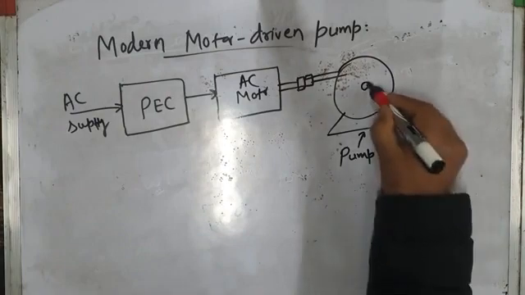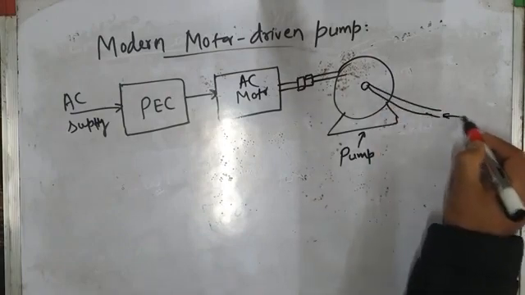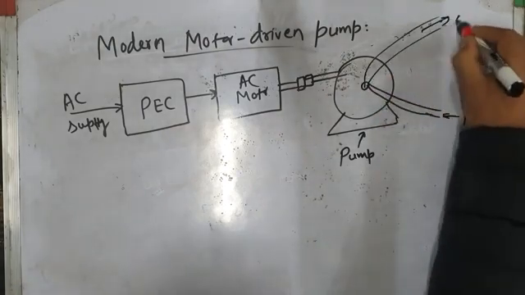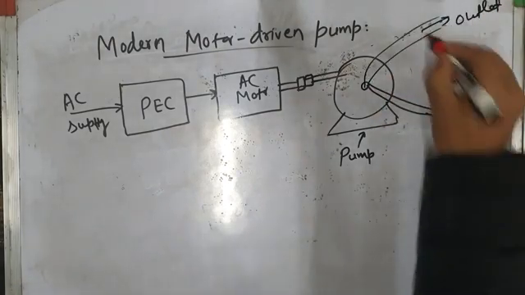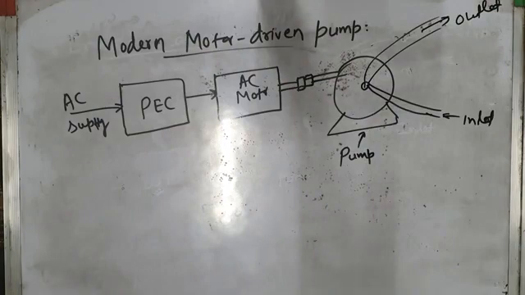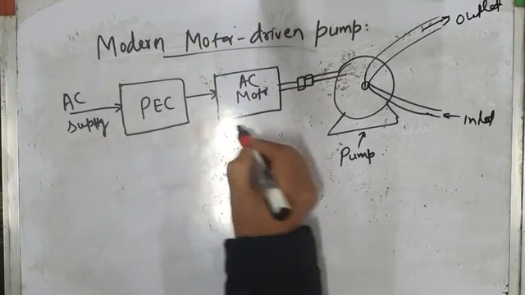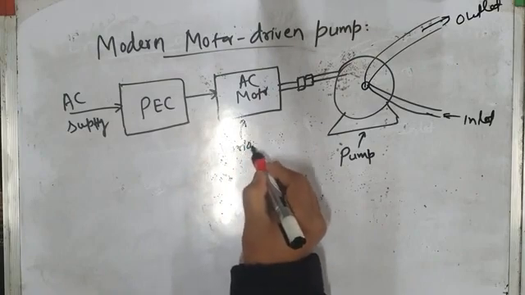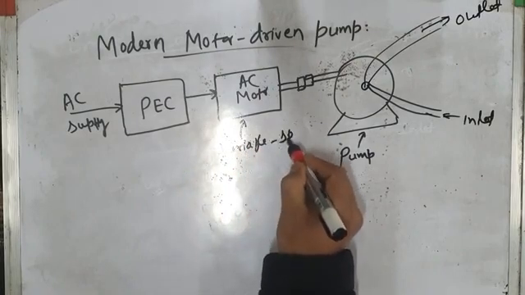So this is the inlet, and this is the outlet. Here we are not using any throttling valve for controlling the flow rate, because the motor is not a single speed motor, it is a variable speed motor.